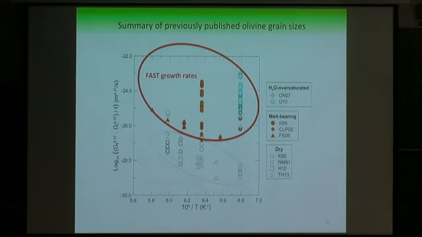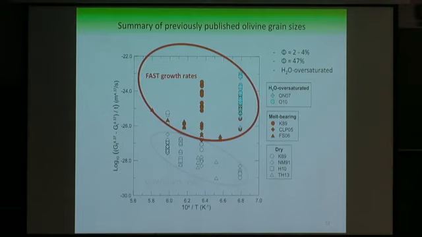So now that I've explained the static database, I'm going to talk more about the fast growth rates, where we see that fluid and melt-bearing aggregates show higher grain growth rates.